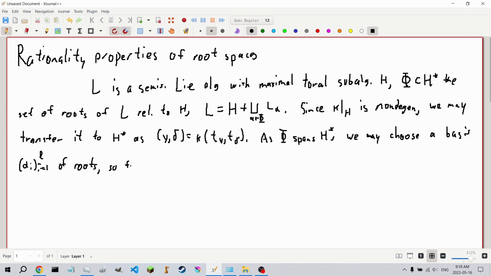So for a root beta we have beta being the sum of some c i times our alpha i, for c i in F, our field. We then have that these c i are actually going to be rational.